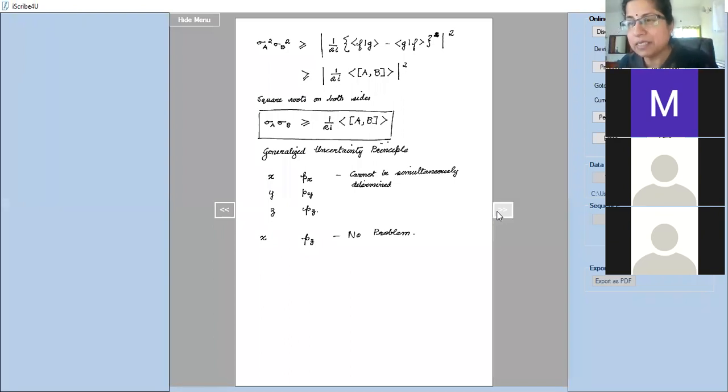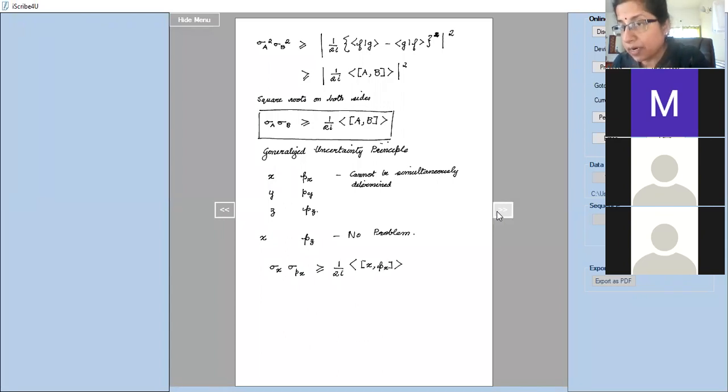So let's get it from the generalized uncertainty principle. And how do we do that? So essentially, it's like this. Your sigma of x, sigma of px must be greater than or equal to 1 by 2i expectation value of the commutator between x and px, right?